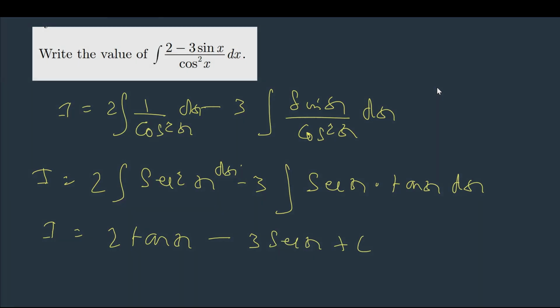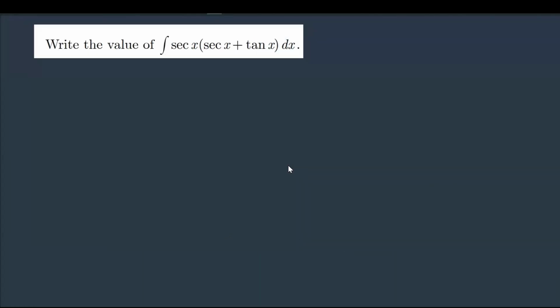Yeah, that's pretty much it. The next one is this. We have to find the integration of this. Now, this can be asked in a 2-marker question, could be an MCQ, 1 mark. So we are just going to open this bracket.